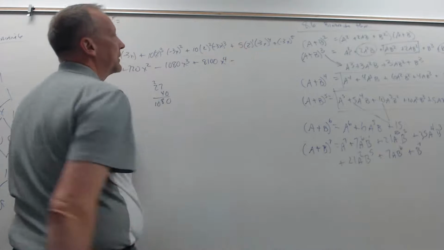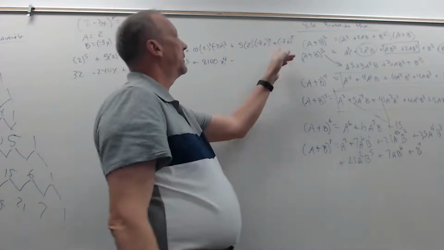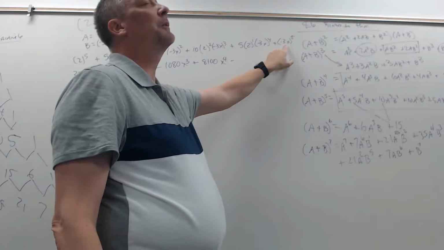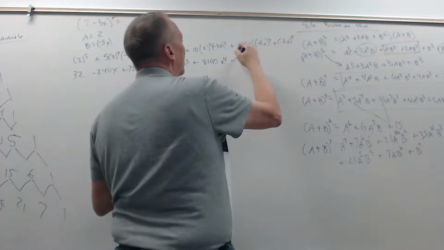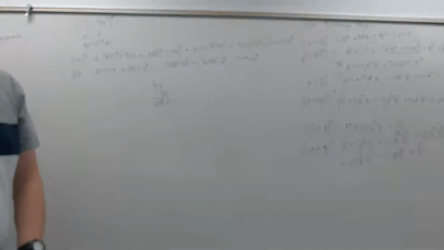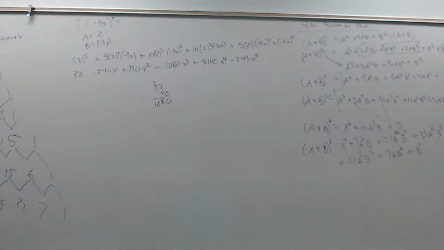And then this is going to be a minus. 3 times 3 is 9, 9 times 9 is 81 times 3 is 243, x to the 5th. Okay?